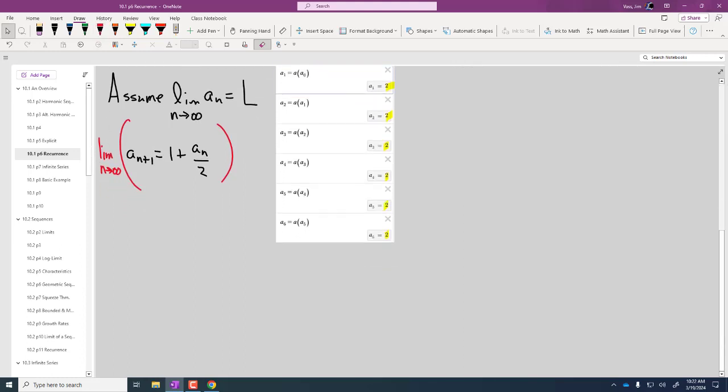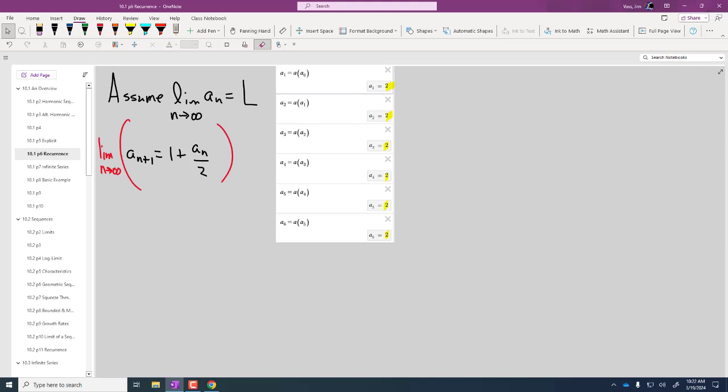Well, on the left, if you assume that that's true, isn't the limit of a sub n plus 1 also L? It just has the first term chopped off, right? A sub n starts at n equals 1, so there's a sub 1, a sub 2, a sub 3, a sub 4.